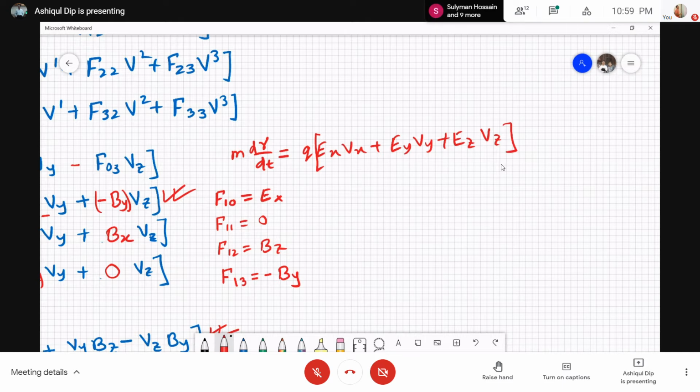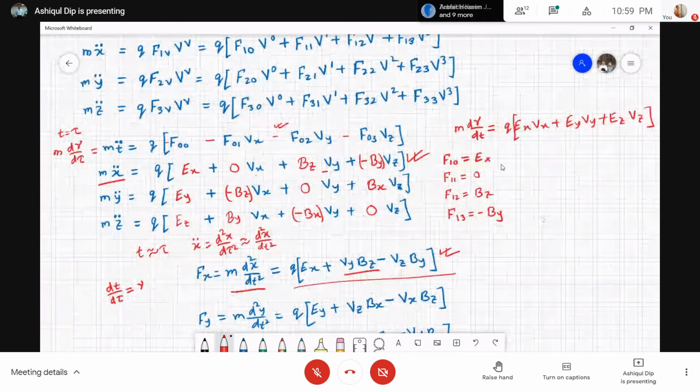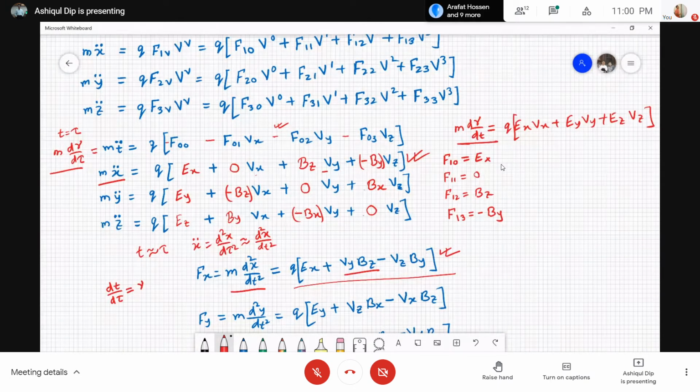So for small velocity, the derivative with respect to t and the derivative with respect to tau are approximately equal.